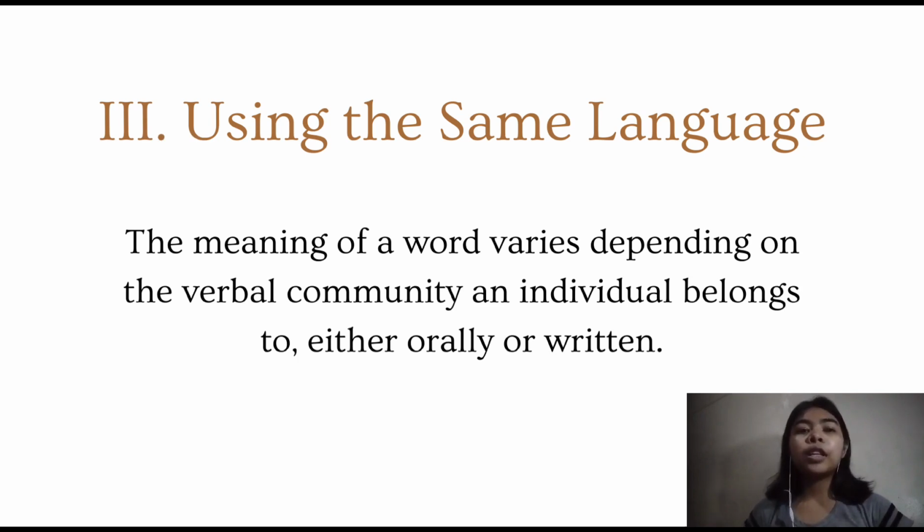So to avoid useless controversies, we must make sure that we are using the same language, meaning ensuring that we have a common understanding of what the word means. And philosophers agree that the meaning of words varies depending on which verbal community an individual belongs to, either orally or in written form.